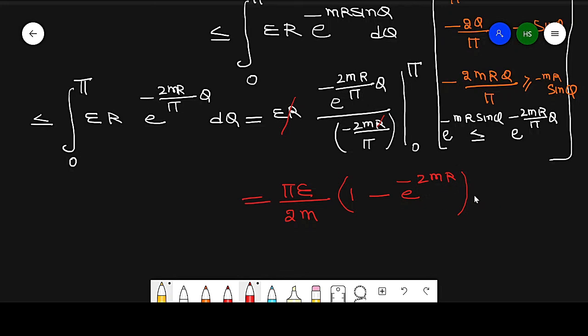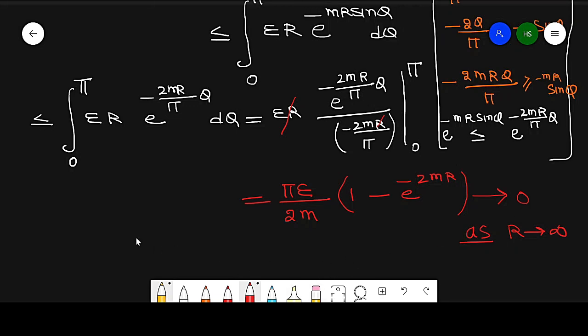Now when r approaches infinity, this value approaches 0, because this is 1 by this, r approaches this, so this value approaches 0 when r approaches infinity. So if this approaches infinity, its reciprocal approaches 0.